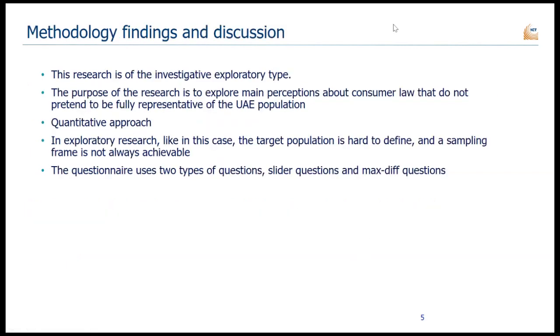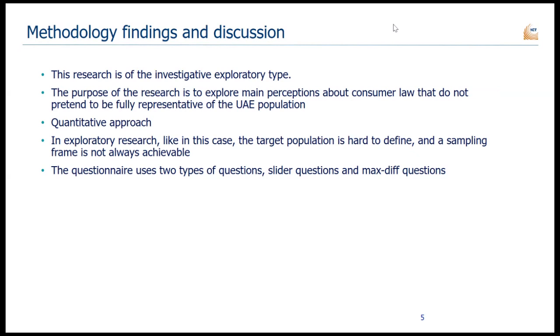Okay, so as you know, the UAE is still a new country, and the consumer protection topic, as I mentioned before, has also grabbed the attention of the government. So this is an investigative, exploratory type of research. The main purpose is to explore main perceptions about consumer law that do not pretend to be fully representative of the UAE population.